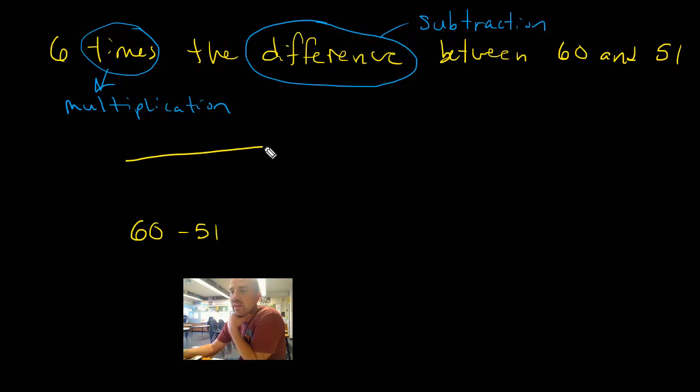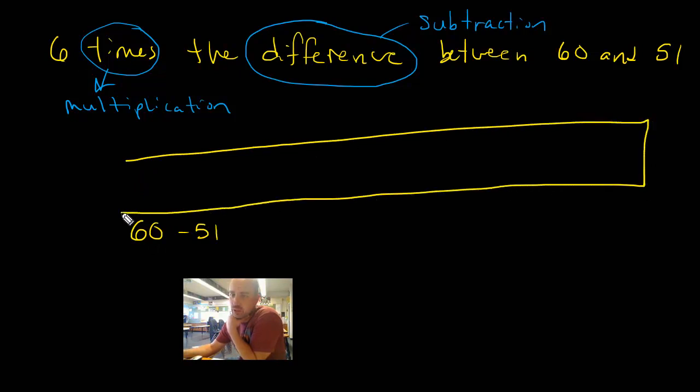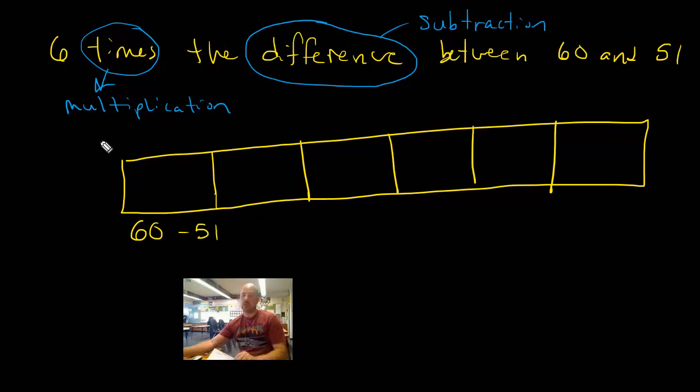So if I'm doing that 6 times, and I want to draw myself a really off-angled tape diagram, this would be 1, and I would need to do that 6 times, right? So if I want to split this up into 6, I'm going to draw 5 lines. 2, 3, 4, 5. So now I have 6 different sections of 60 minus 51. And so now I have myself an expression.